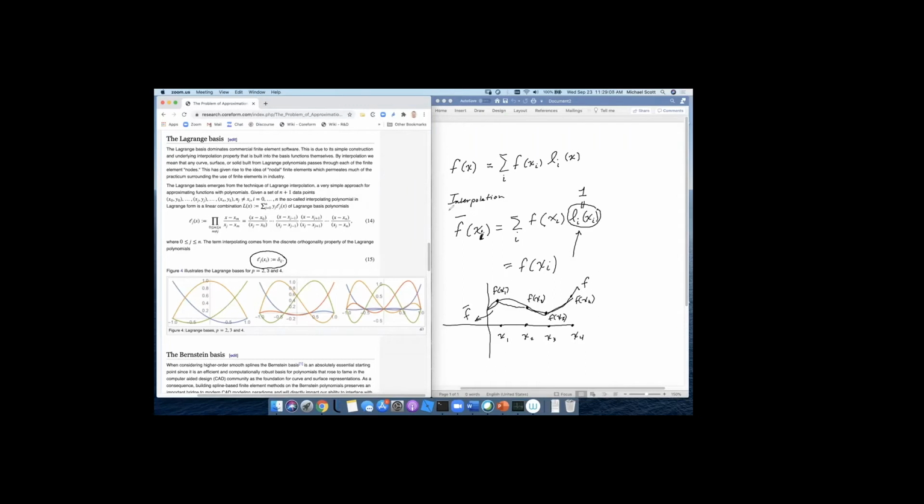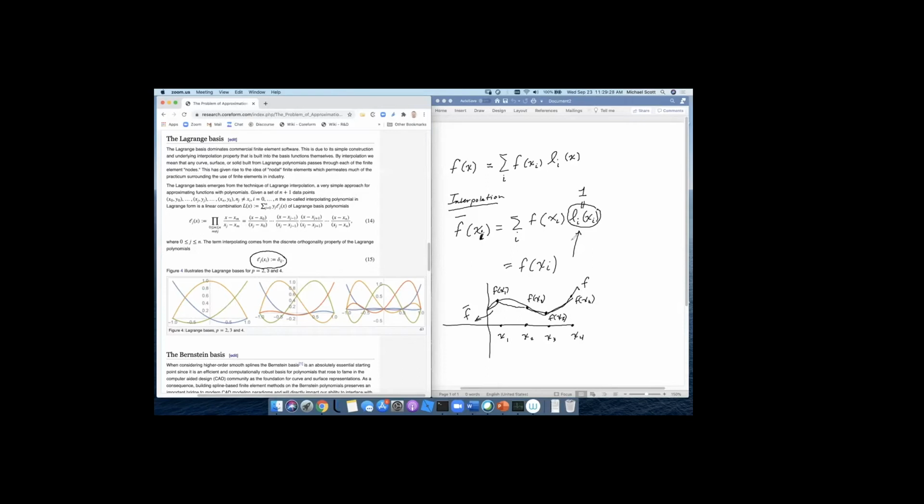That's really what we mean by interpolation. It interpolates the true function f at the sample points by construction. That's what's nice about the Lagrange basis. It's constructed, in other words, to generate an interpolating polynomial basically by construction.